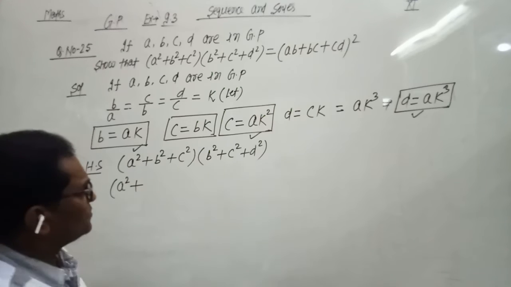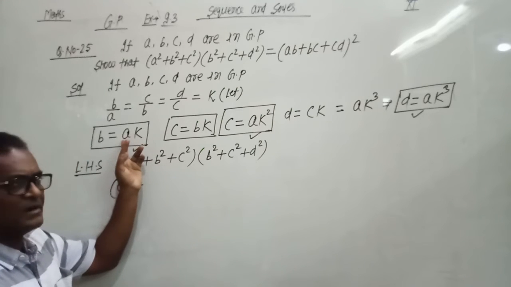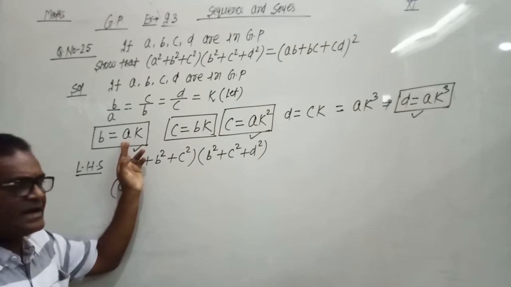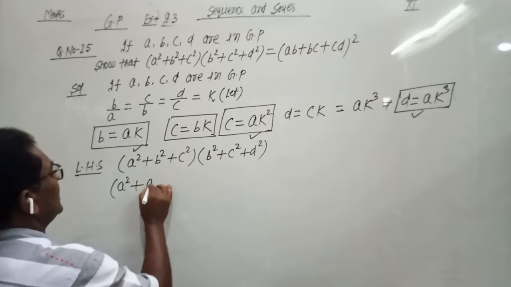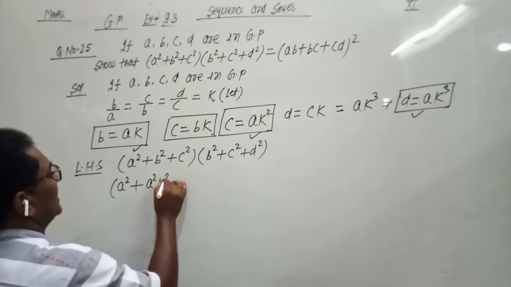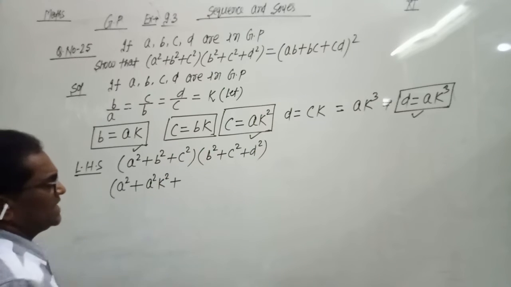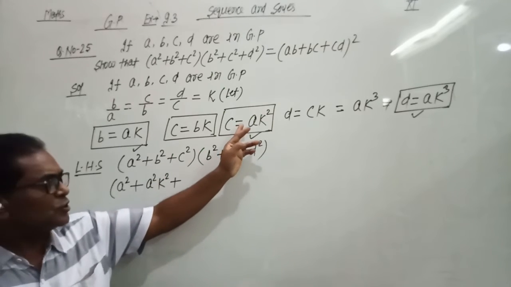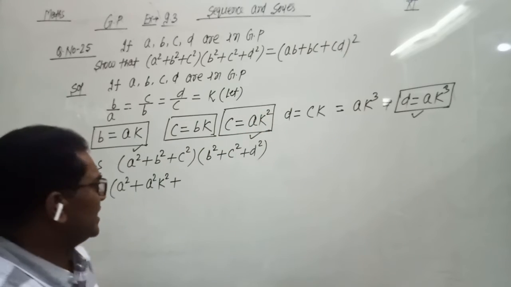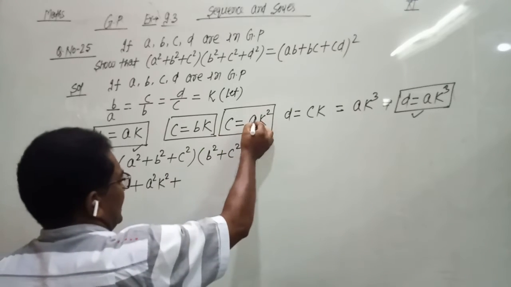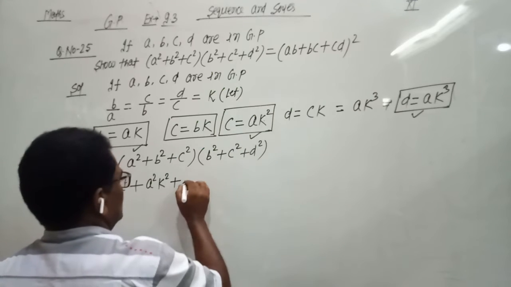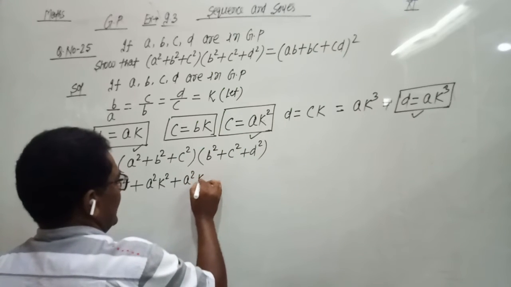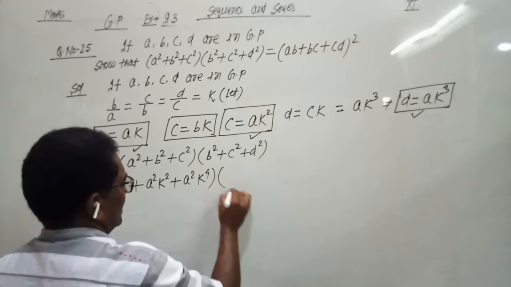At the place of B we can write A into K, so B square becomes A square K square. And at the place of C we put A into K square, so C square becomes A square and K raised to the power 4.